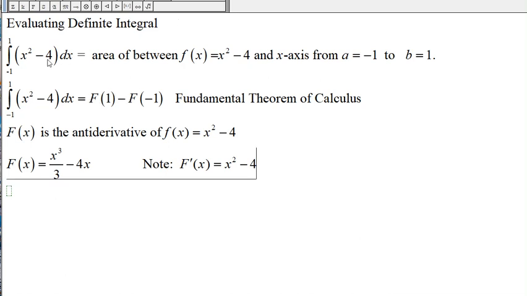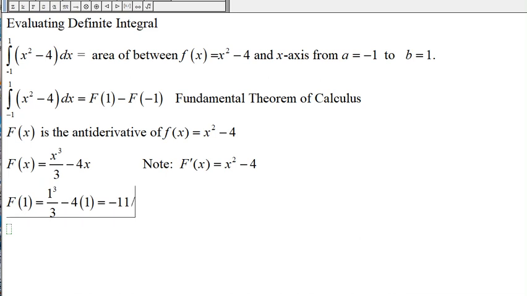Now to get the area between the graph and the x-axis, we need F of 1 and F of -1. F of 1 is 1 to the third divided by 3, minus 4 times 1, and this comes out to be -11 thirds.